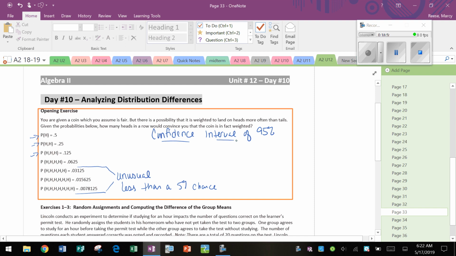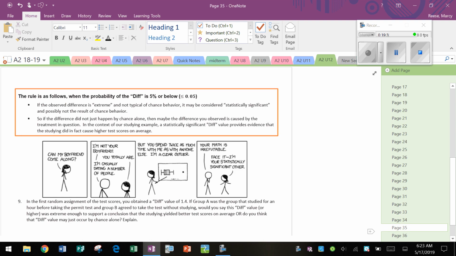So because we have a confidence interval of 95% here, once we get to anything less than 5%, it is unusual. And so that's where we're going with that 5% for our purposes. For Algebra 2.